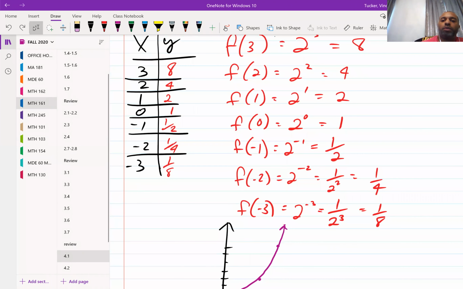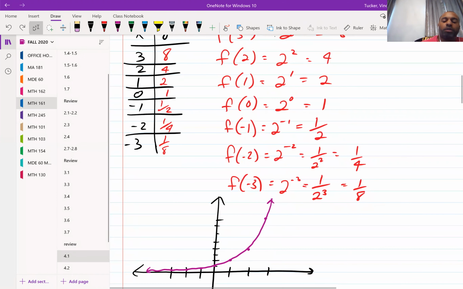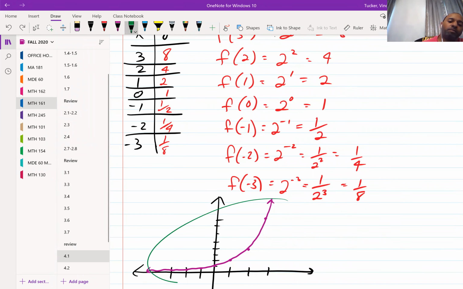All right, so when you graph those values, your exponential function looks like this. Notice that it goes up quickly, and the higher your exponents get, the higher your number starts to grow and jump.